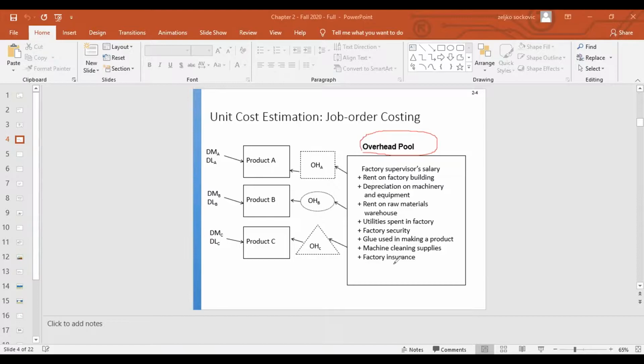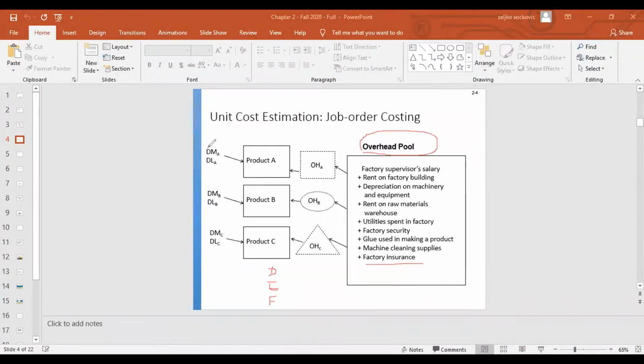Now, factory insurance. Let's say you have $5,000 for factory insurance. How are you going to assign $5,000 to the different products that you have? A, B, C, D, E, F. I mean, you have a million products, right? So how are you going to assign factory insurance to each one of these products?